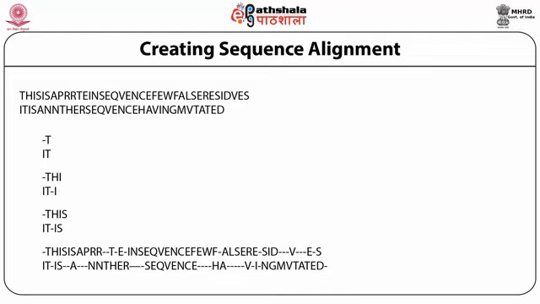Now, to continue alignment of the next residue in both the sequences, compare the second residue H in the first sequence with the third residue I in the second sequence. We find that they are not identical. So continue matching the next residue of the first sequence, that is the third residue of the first sequence, with the third residue I in the second sequence.